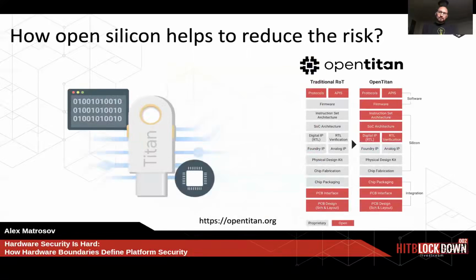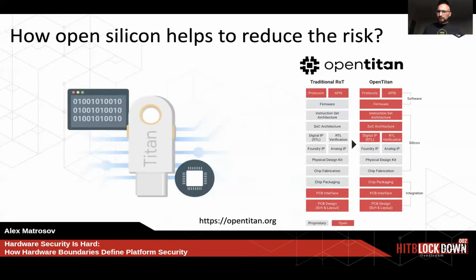So how can we reduce silicon-level risks and attacks? Google did the OpenTitan project, which opens up a lot of information, specifications, and code regarding the Titan chip silicon. OpenTitan has much more visibility because you can check many more layers, not only the firmware but also how RTL is implemented on this chip, right?